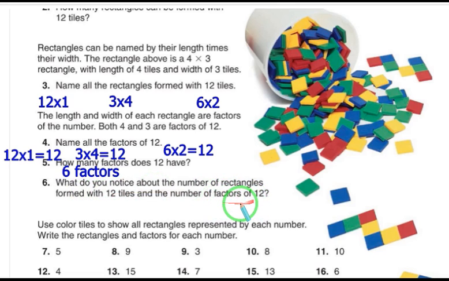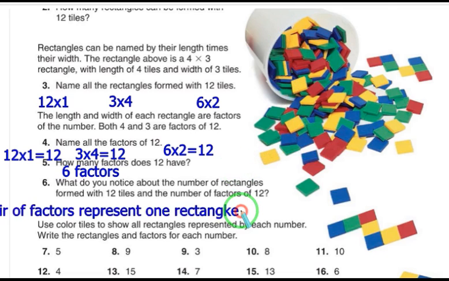So each pair of factors represent 1 rectangle, okay? Each pair of factors represent 1 rectangle.